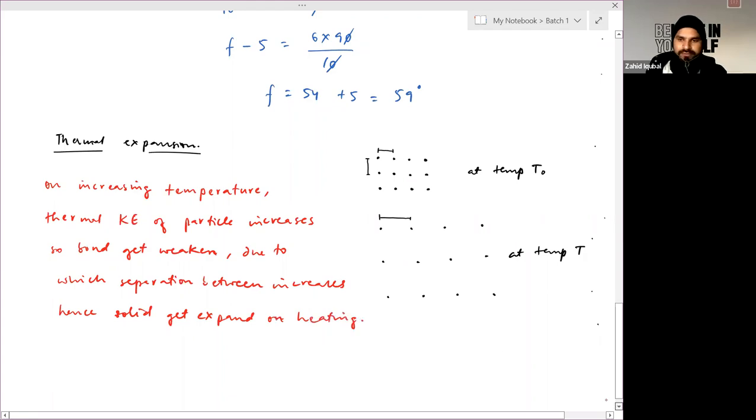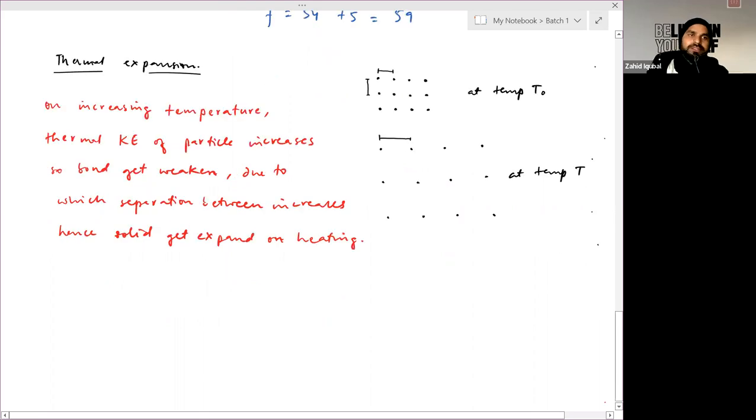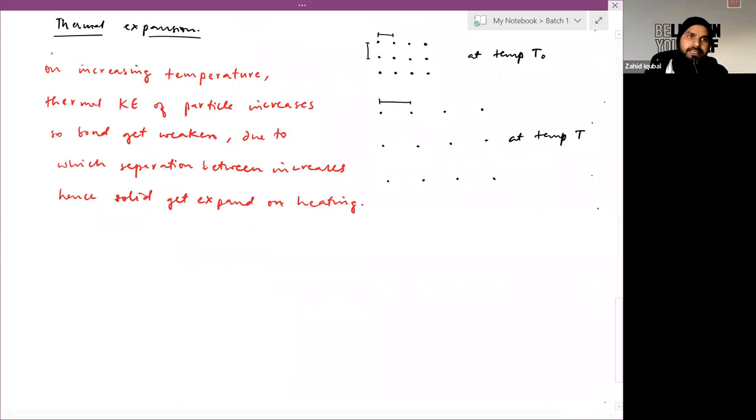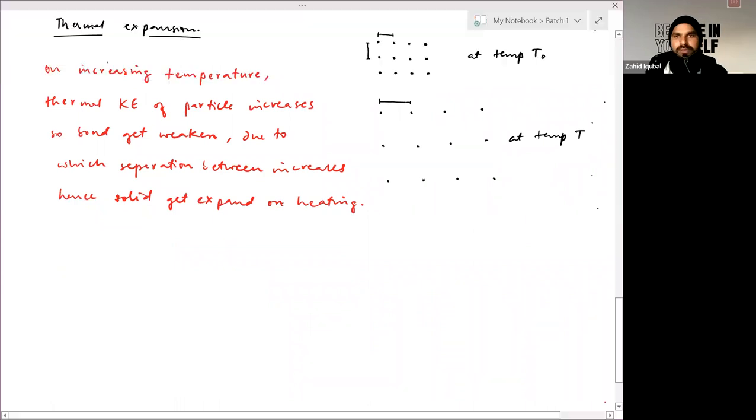Now, if you have to calculate how much would be change its dimension according to length, area, volume, let me define you first along length. So it will be linear expansion of solid.